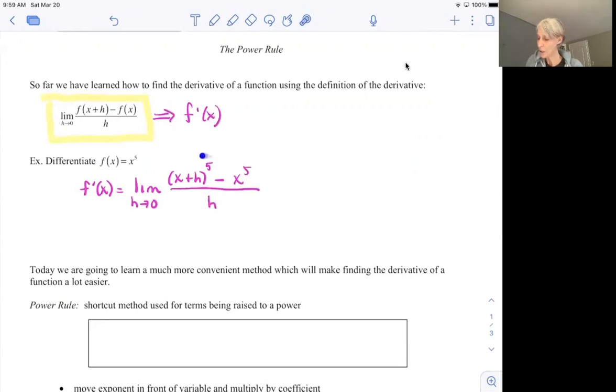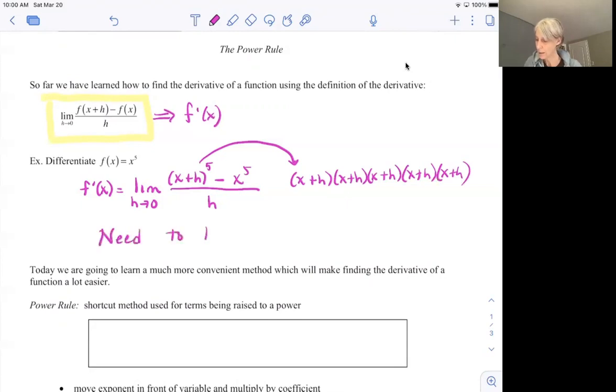Now just think about it. In order to evaluate this limit, we'd have to multiply that out and raise that to the fifth power. 1, 2, 3, 4. That's going to be a lot of awful work. Okay. We don't want to do this. There needs to be an easier way.